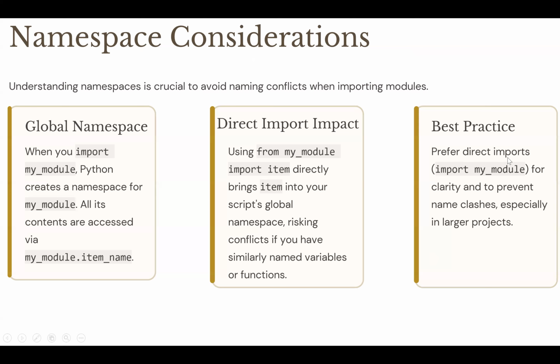Prefer direct import instead of selective import. Whenever you do it, it is going to create a separate namespace for you, and all those contents will be accessed using the module dot item. That means the dot operator we are going to use, which definitely prevents the name clashes.